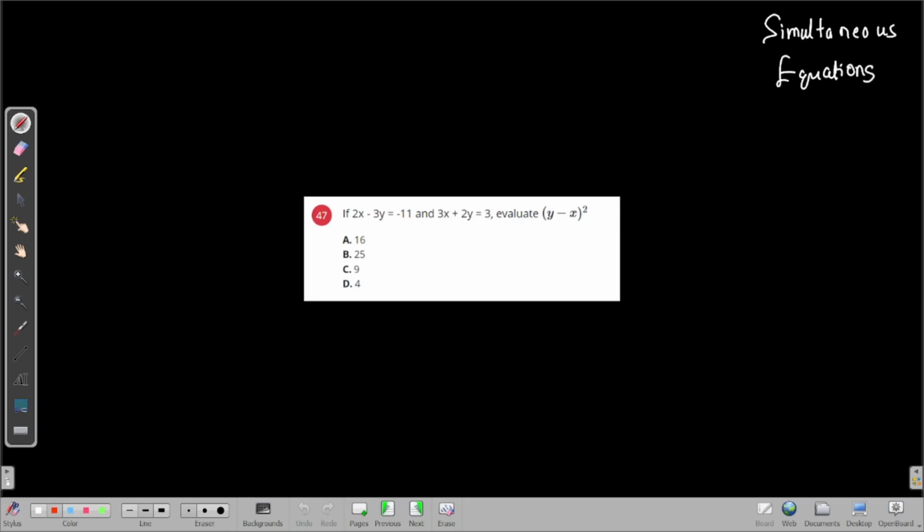Question 47. Simultaneous equations. I'm going to use the elimination method. I like using the elimination method. Which one should I eliminate? I think I will eliminate y. I always like eliminating y.